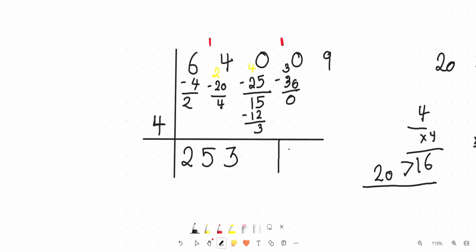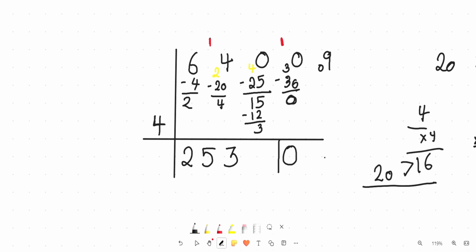Okay, so 0 goes over here as a carry, and since we cannot divide 0 by 4, you put a 0 over here. And now subtract the next duplex, including the part of the remainder. So it will go like this. We should find the duplex of 530.